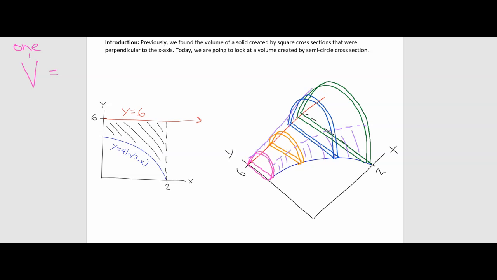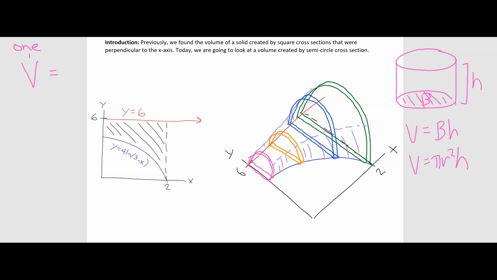If we think about what a cylinder's volume would be, because this is where this formula comes from, you take the area of the base, big B, times the height, the distance between the bases. In this case, for a circle, that area would be pi r squared times h, or the distance between the bases.